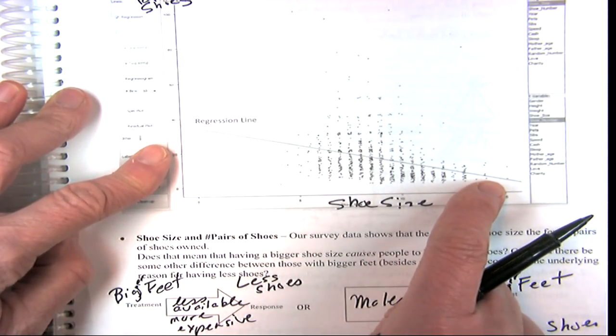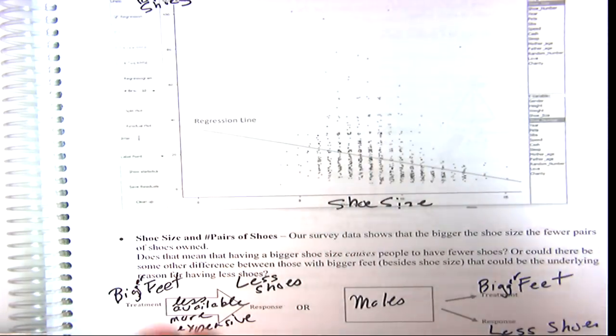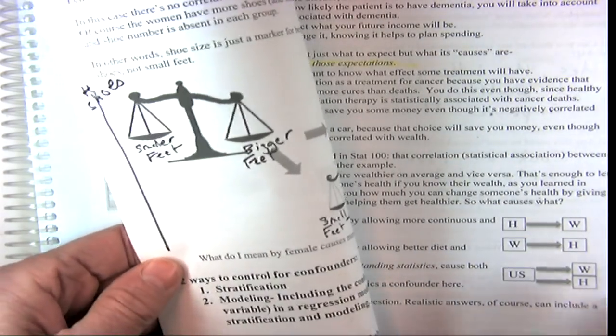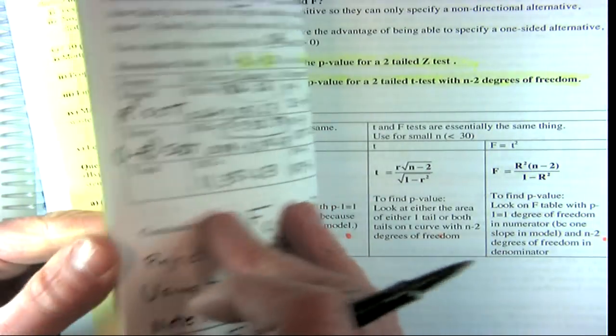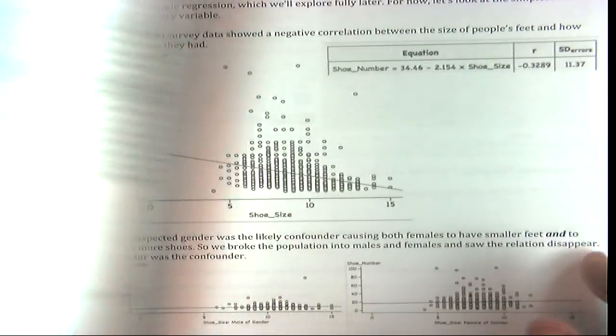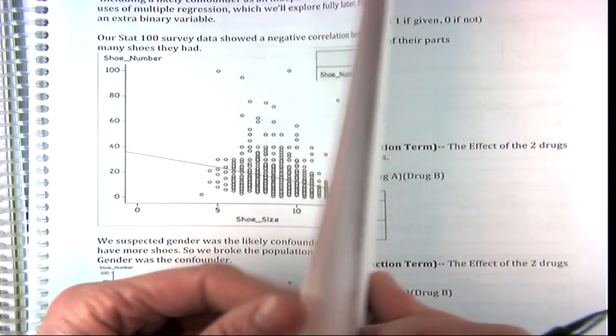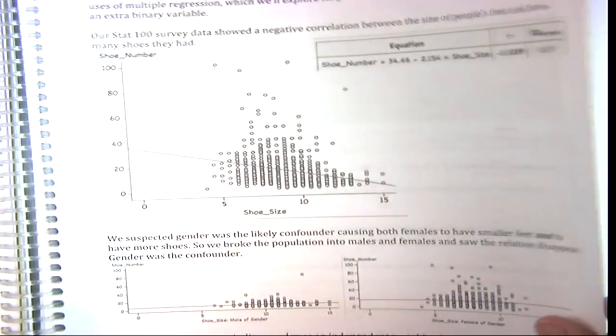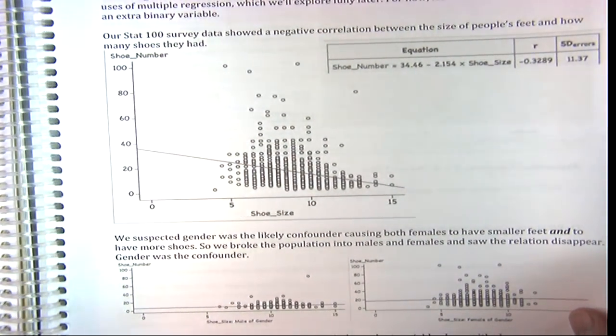It was just due to the confounding effect of gender. So when we stratified, that goes away. So now let's see how we can get at the same thing by multiple regression, by adding gender as a binary variable, as an x variable. Okay, so that's what we're going to do.